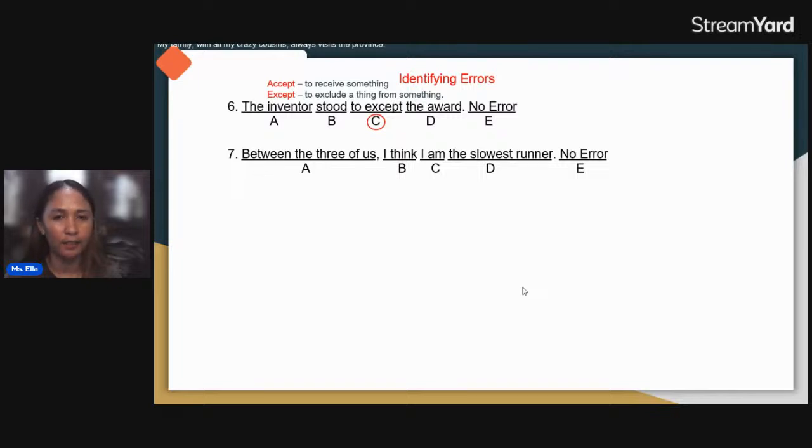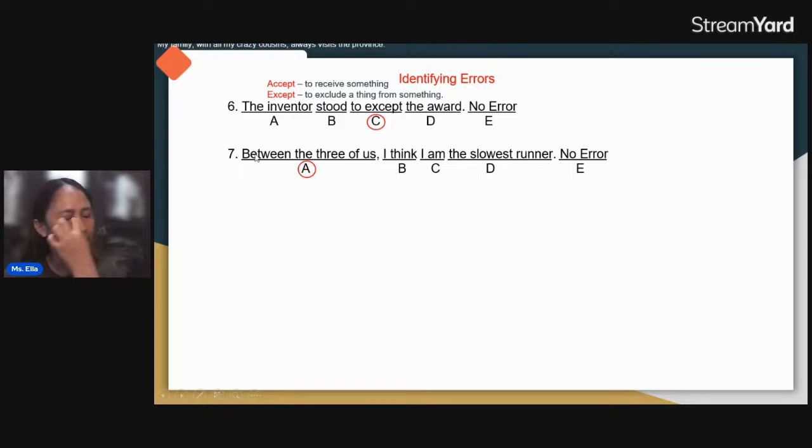Okay, so is there an error here? For number seven, it's letter A. Why? Because of the word between.